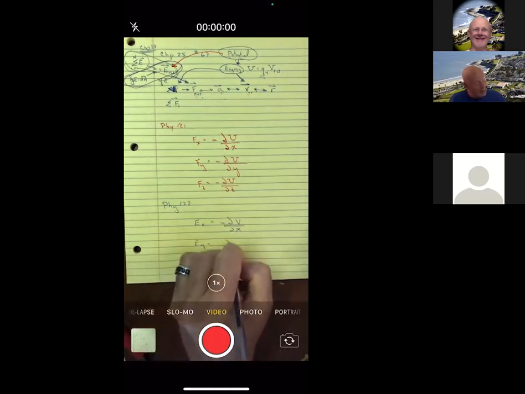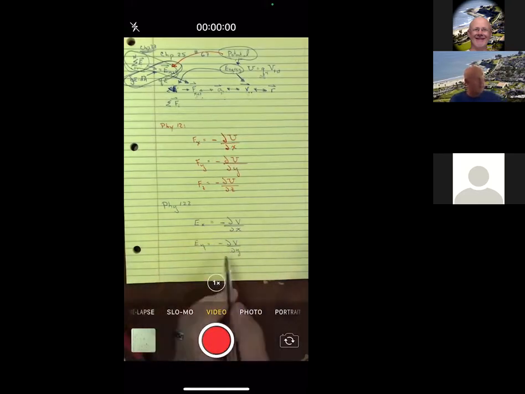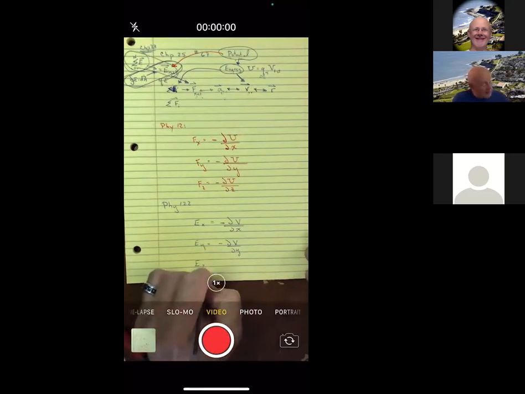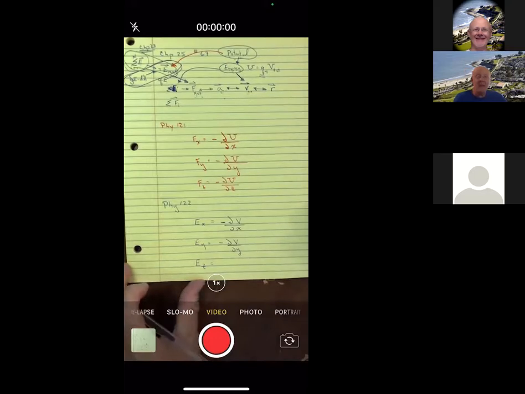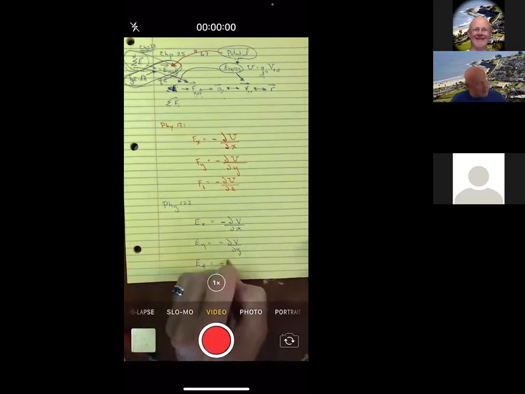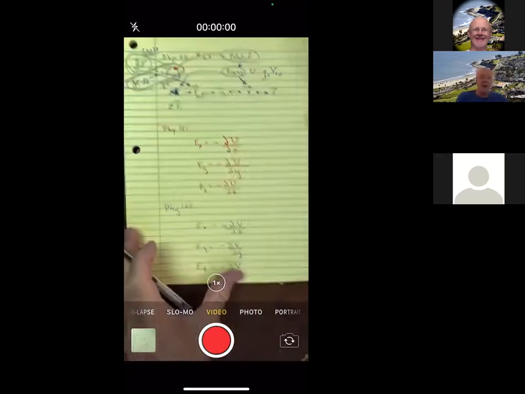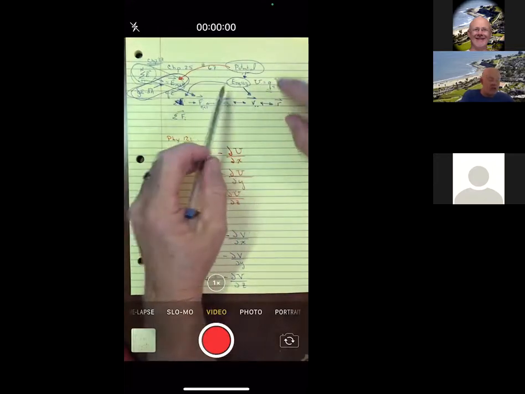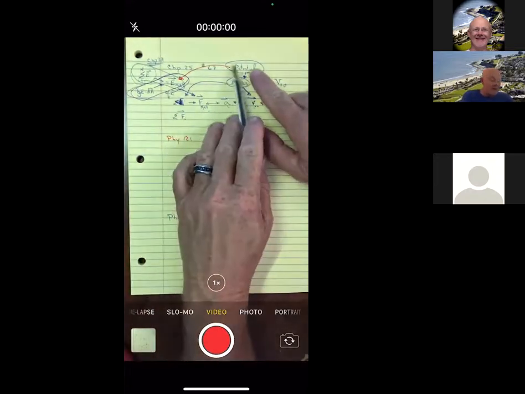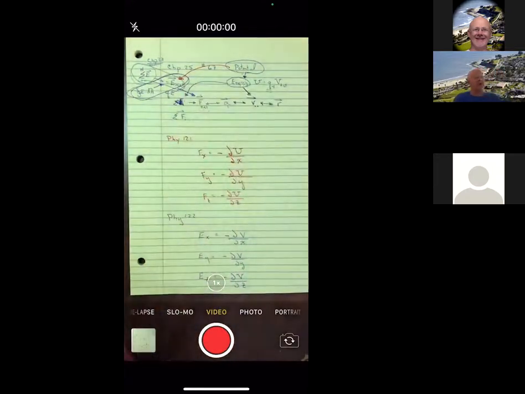To get the y component, same thing: take the derivative with respect to y and put a negative in front of it, and that'll give you the electric field in the y direction. And to get the z component, you would take the derivative of the potential with respect to z. So that's this long discussion here: take the gradient of the potential, and you'll get the electric field.